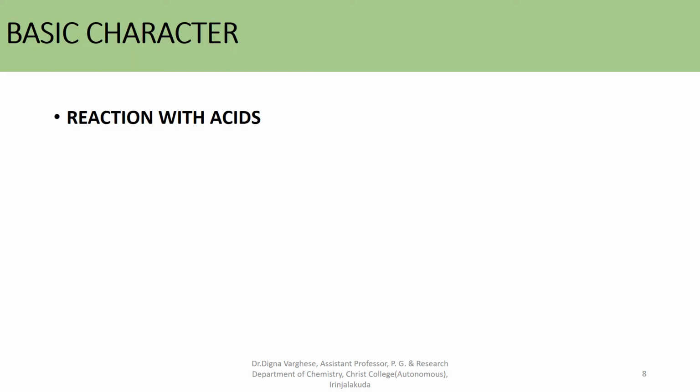Here we are going to discuss the basic character of amines. That means they can react with acids. So being basic in nature, all types of amines react with acids like hydrochloric acid, nitric acid, sulfuric acid, etc. to form soluble salts.